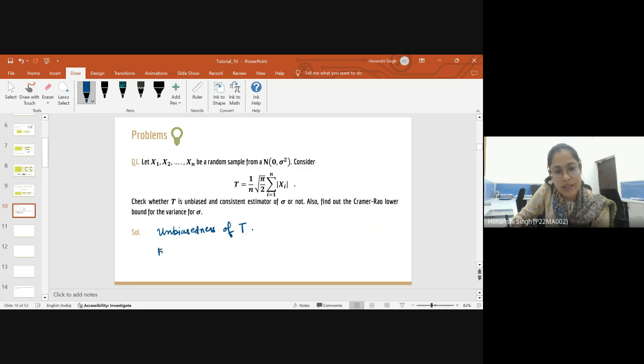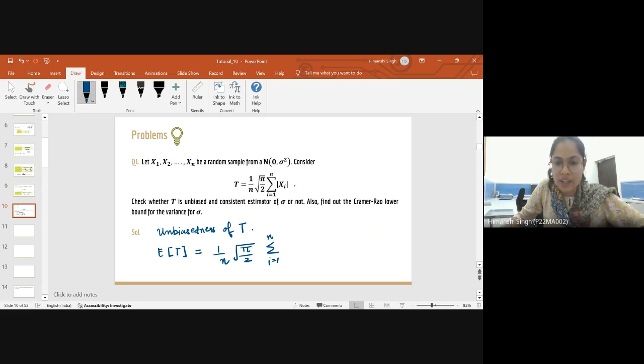So let us consider the expected value of T. The expected value of T will be, because this is just a scale, just like a number, it will come outside: 1 upon n under root pi by 2 summation i going from 1 to n. Now expectation will go inside by the linearity property, so it will be expected value of mod of xi.